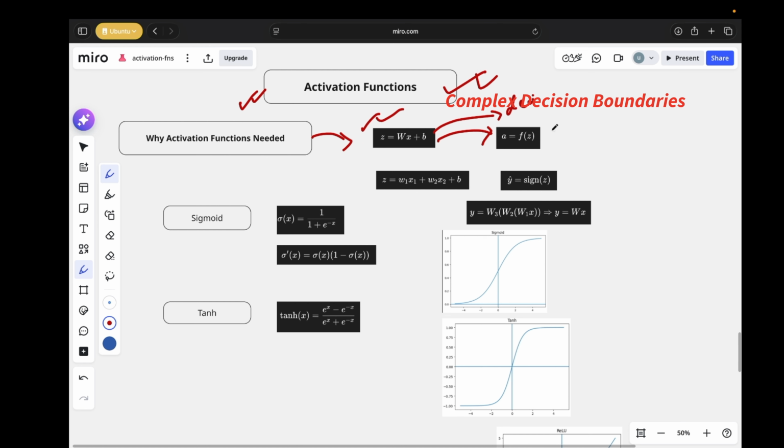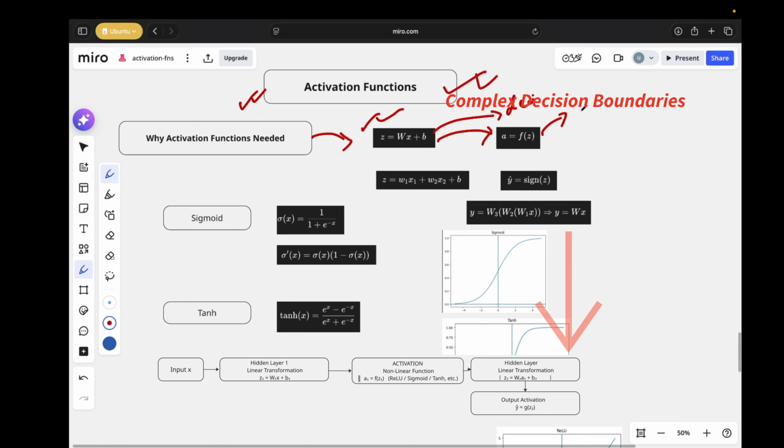These activation functions enable input to the next hidden layer. They are applied from one hidden layer to the transformation of the other hidden layer, and they basically enable non-linearity, depth usefulness, and complex decision boundaries.